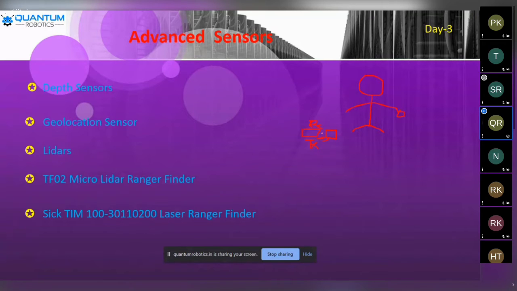It can detect that there is an obstacle, and then it searches for a free path, either to the right or to the left. This was the working principle of an ultrasonic sensor.